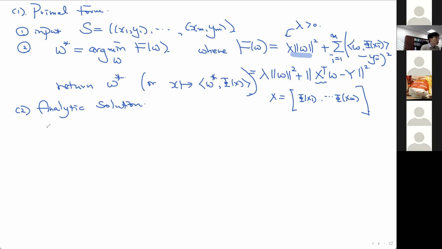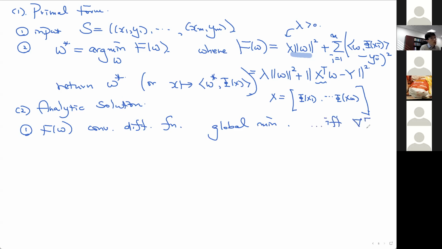Okay, so try to see this. The first thing we can notice is that just like before, f of w is a convex differentiable function, so it attains a global minimum. And furthermore, it happens if and only if the derivative of f is equal to 0.